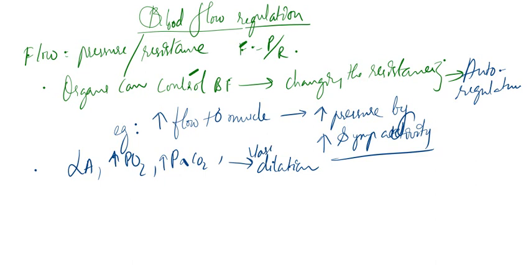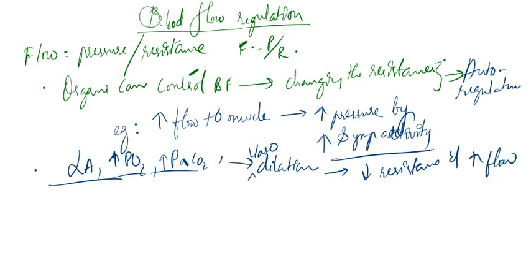These conditions cause vasodilation. That means it leads to decrease in resistance and increase in flow, right? This type of phenomenon is called metabolic autoregulation.